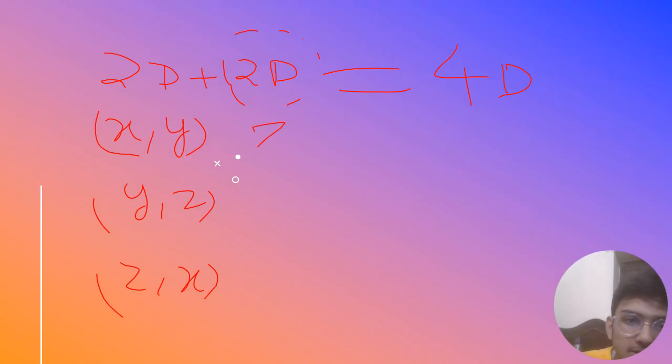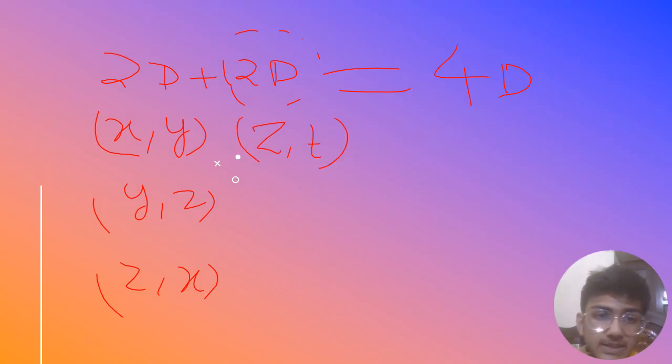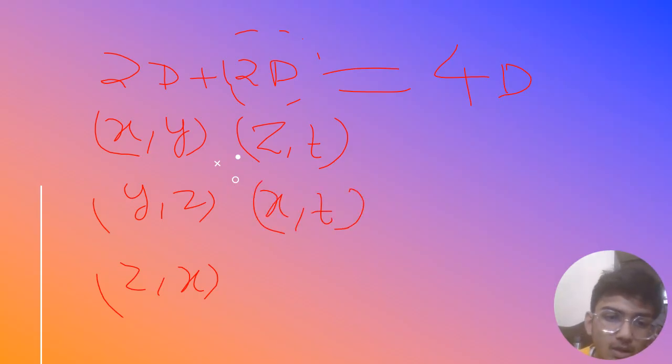So we can take here z comma t. We cannot take x comma t because already we have taken x comma y. We have chosen x comma y in this particular 2D system. Now for this other 2D system, we will take z comma t, and here we have chosen y and z. So now we will take x comma t, right?